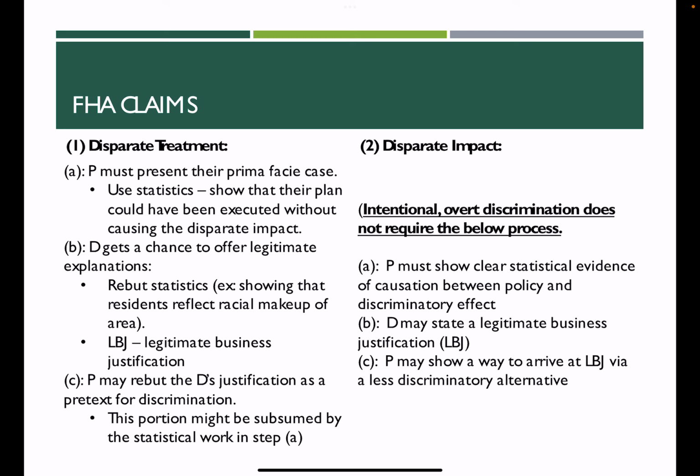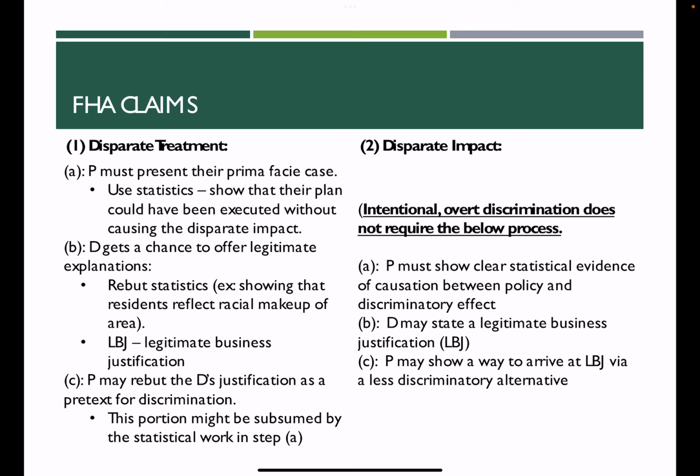Oftentimes in these cases, you might also have testers, which is essentially just when HUD sends out people who pretend to be renters but really are just investigators trying to make sure that there are no discriminatory practices going on. Once the plaintiff has presented their prima facie case, then the defendant gets a chance to offer legitimate explanations.